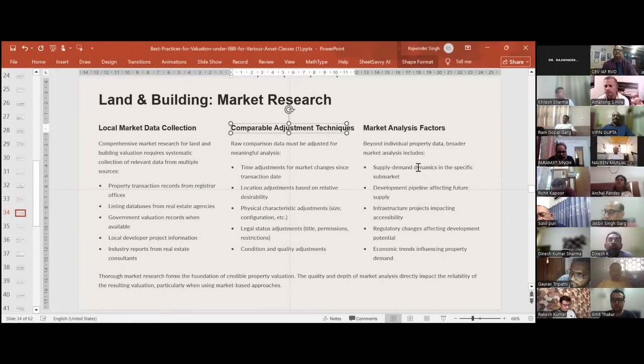Thorough market research forms the foundation of credible property valuation. The quality and depth of market analysis directly impact the reliability of resulting valuations, particularly when using market-based approaches.